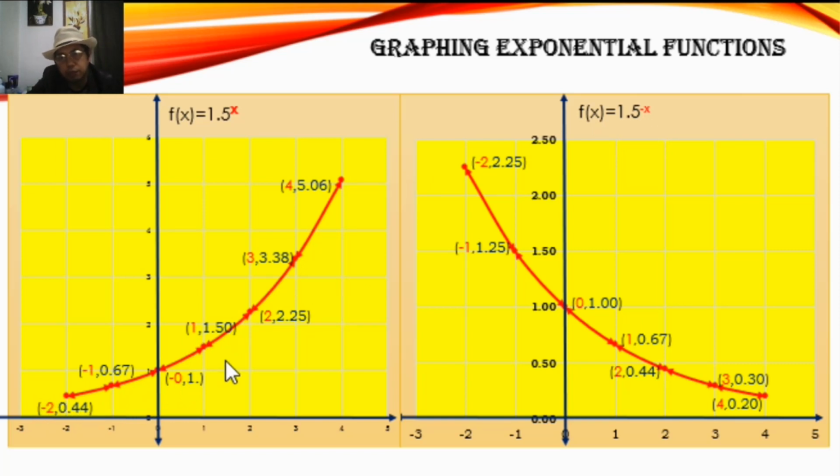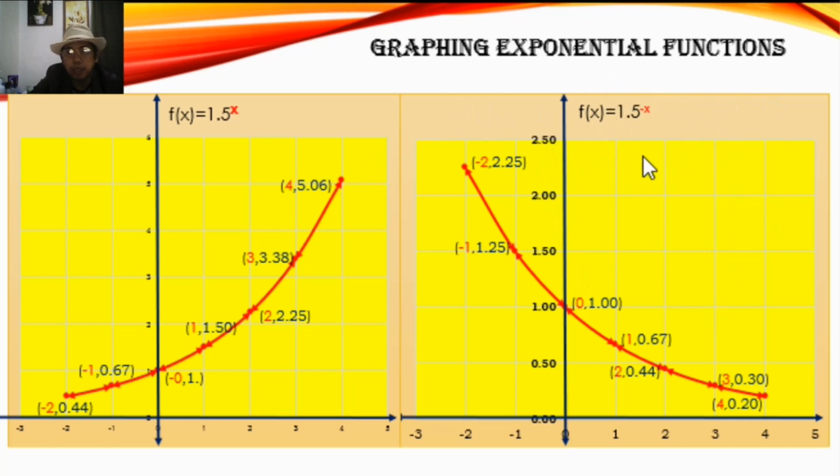This graph is the graph of an exponential function, which is the representation of the growth model. In the growth model, there is the exponential increase of our function. How about this graph?